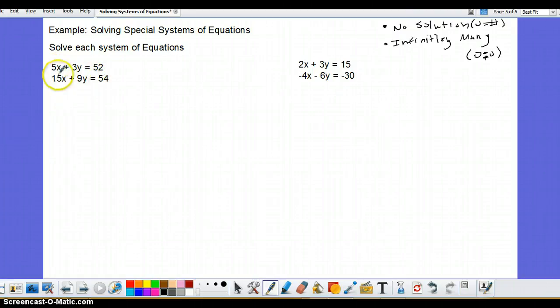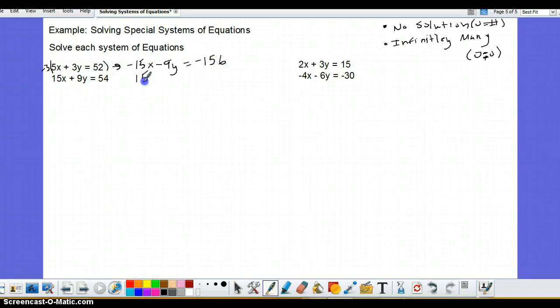So 5 can become 15 by multiplying by 3. If I want to get rid of it, I multiply by -3. So -3 times 5 is -15x. -3 times 3 is -9y. -3 times 52 is -156.